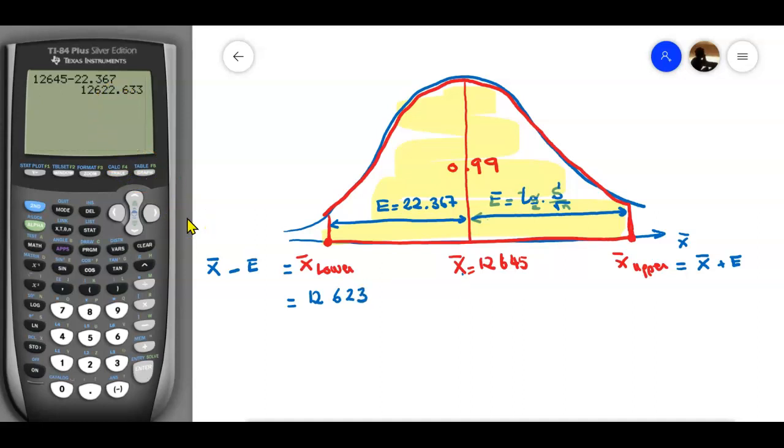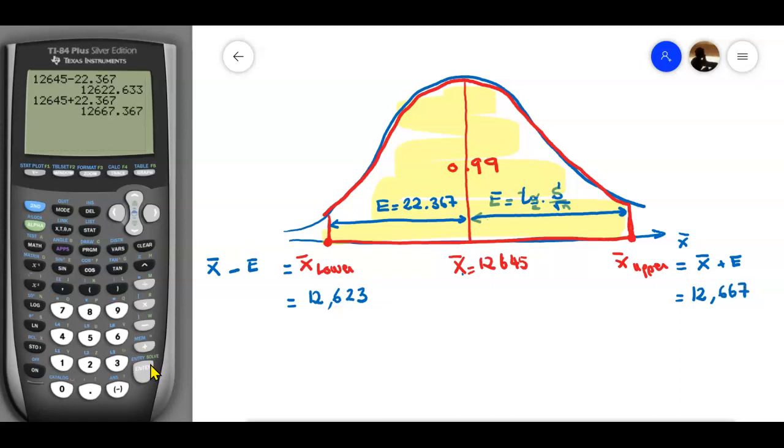All right, so that's the first one. And the second one is going to be the same expression, just plus in between, so I can copy and change this to plus and enter. And this is going to be 12,667, rounded to the whole number.